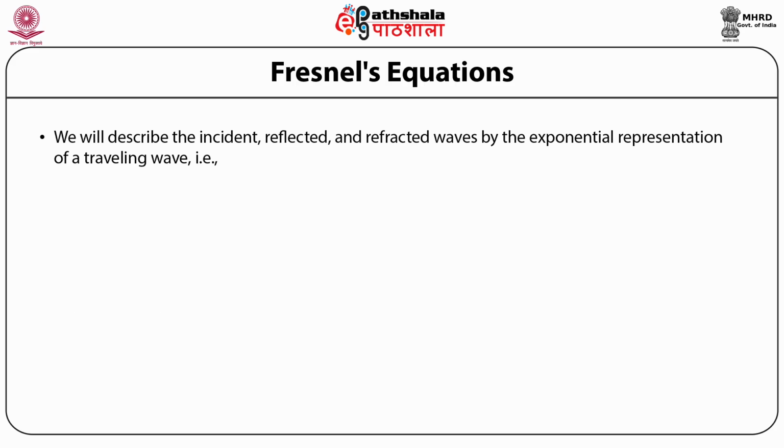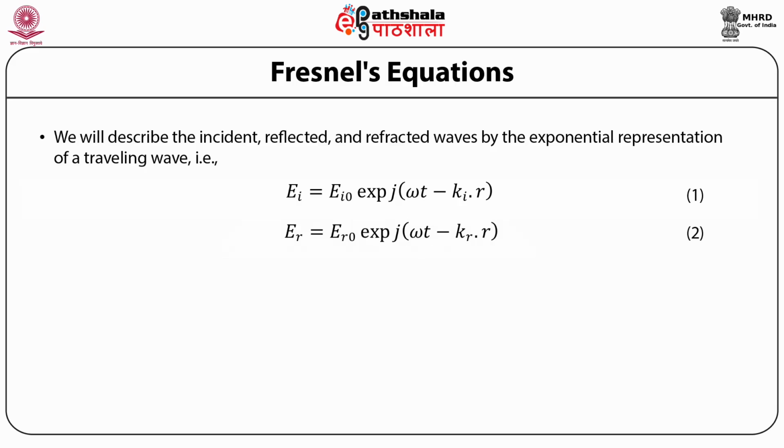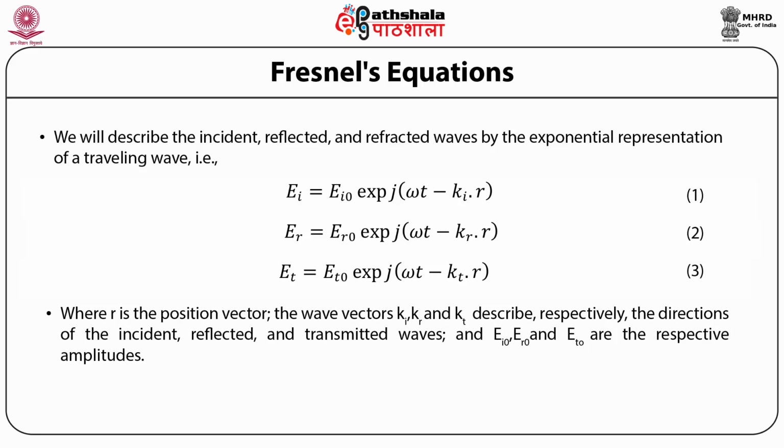We will describe the incident, reflected and refracted waves by the exponential representation of a travelling wave, that is EI is equal to EI0 exponential j of omega t minus ki dot r. ER is equal to ER0 exponential j of omega t minus kr dot r, and ET is equal to ET0 exponential j of omega t minus kt dot r, where r is the position vector.